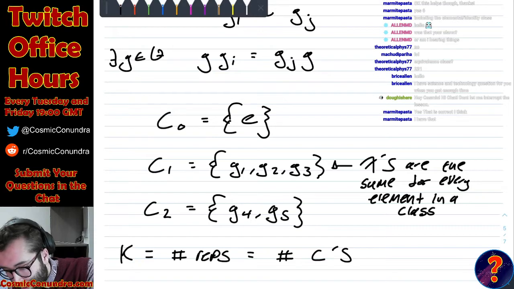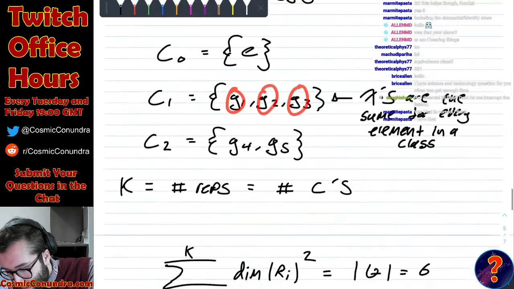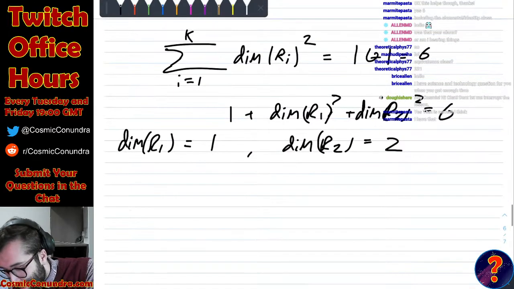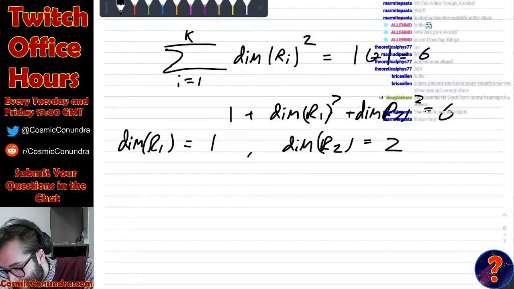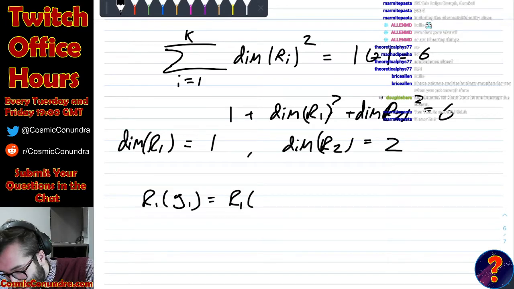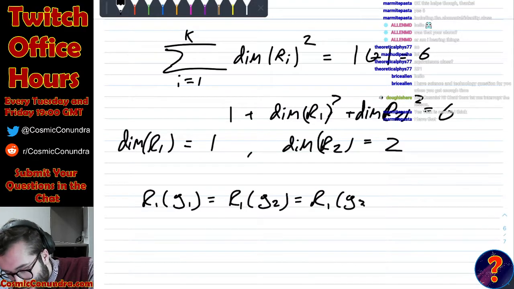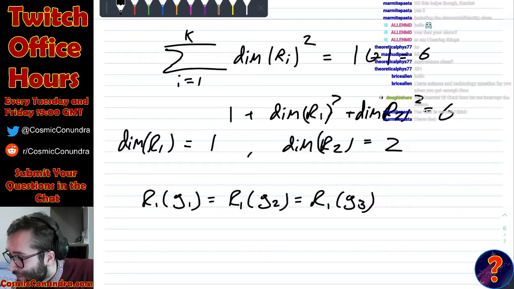So for G1, G2, and G3, the value of these things under this representation, G1 in the R1 representation will be the same as G2 in the R1 representation, will be the same as the value of G3 in this representation, because they have the same characters, and the characters are just the representation matrices themselves in this 1D case.